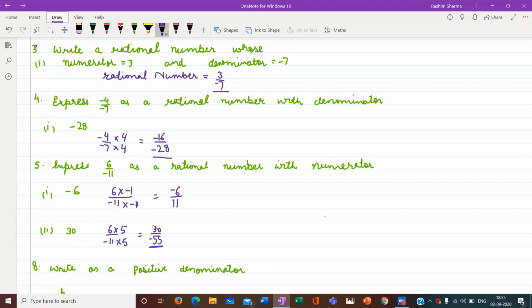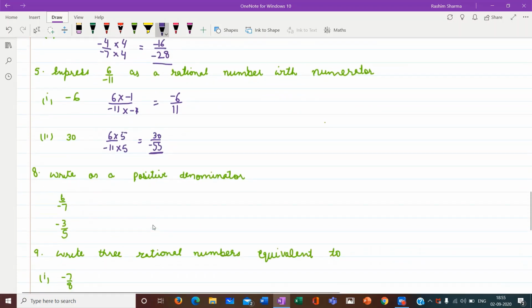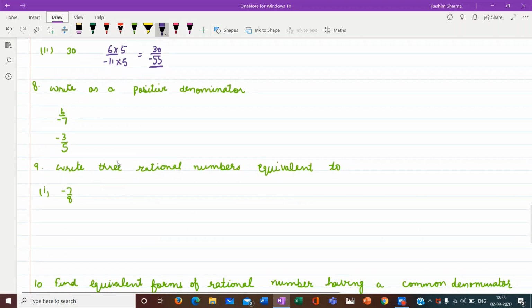Alright. Question number 8. Write as a positive denominator 6 on minus 7. We can change the sign by multiplying the rational number with minus 1. When we want minus 7 to be changed to plus 7, it means 6 on minus 7 should be multiplied with minus 1.